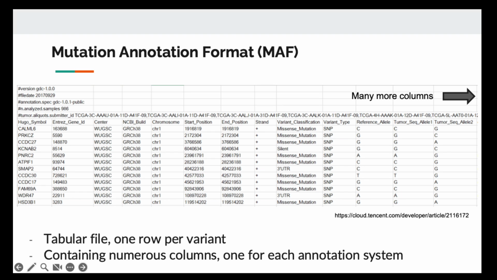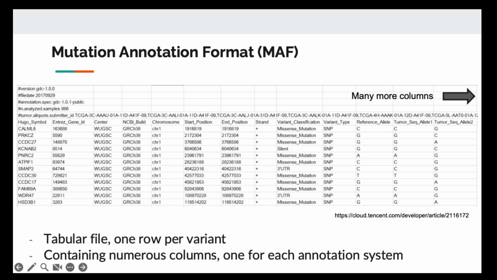So in this example here, the first row is a CORM-L6 gene, and it's on chromosome 1, this base pair position to this position on the plus strand. And the first mutation that we are reporting here is a missense mutation. It's a SNP, so it's a single nucleotide change.